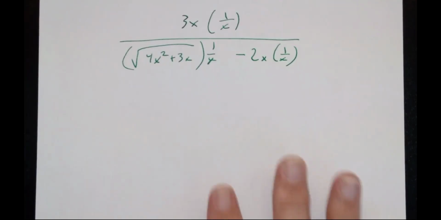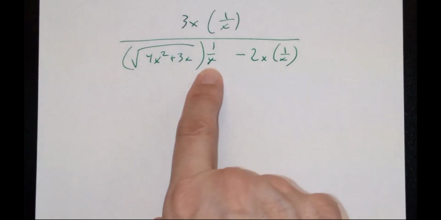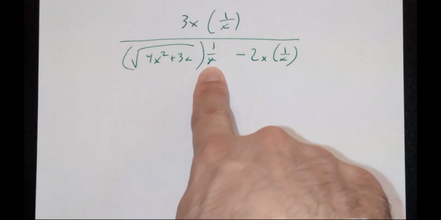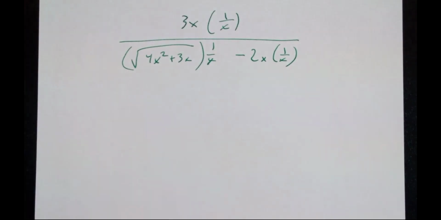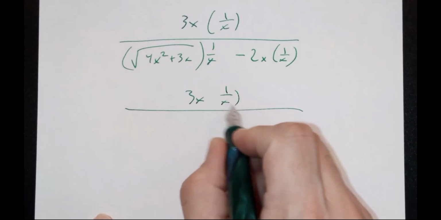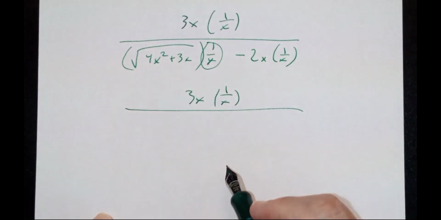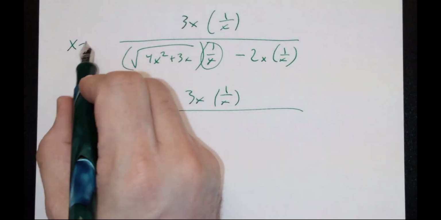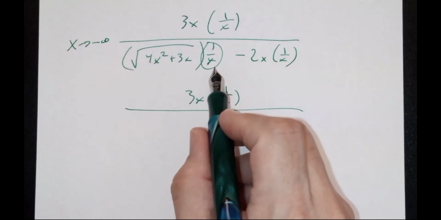Okay, because when I write this, this is a positive number. When I write this, sorry, this is a negative number, because we're going to negative infinity. This is a negative number.